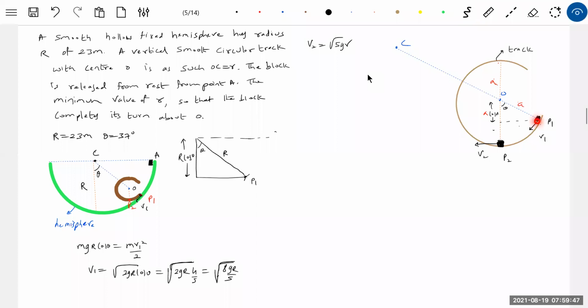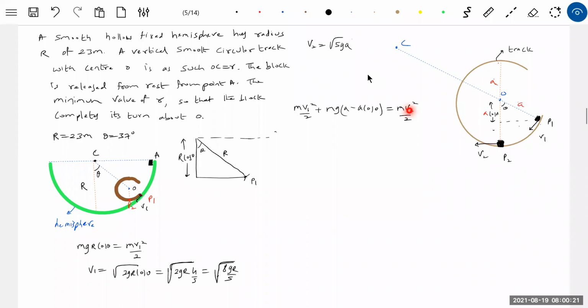Now we'll apply conservation of mechanical energy between these two. Then it will be mv1 square by 2 plus mg(A minus A cos theta) equal to mv2 square by 2. Now we know v2 is root 5 gA. Substitute that here, because it has to complete this track, which means root 5 gA should be the minimum velocity at the lowest point here.